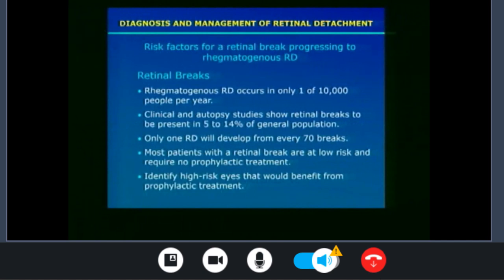But if you look at clinical studies and autopsy studies, 5 to 14% of the general population have retinal breaks. So what does this mean? Not all retinal breaks progress into retinal detachment. Only 1 retinal detachment will develop from every 70 breaks. So our role now is to identify which breaks are at high risk of detachment that need treatment.